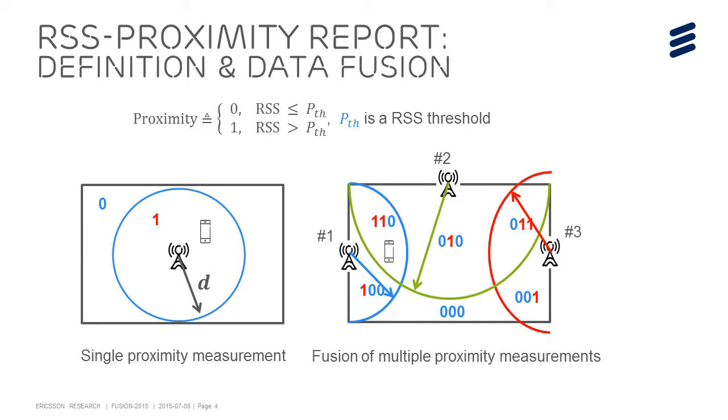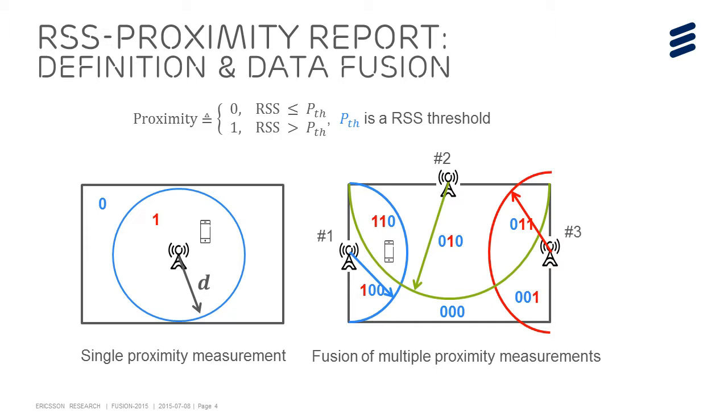Otherwise, it will receive a binary bit 0 outside of the coverage area. Moreover, this figure also clearly shows that with only one proximity report, we can only very coarsely locate the user equipment. In order to mitigate the location ambiguity, we could fuse multiple proximity reports obtained from different reference nodes.